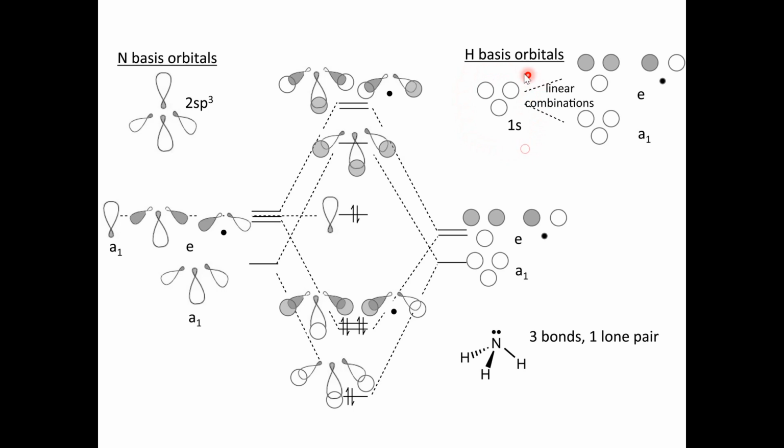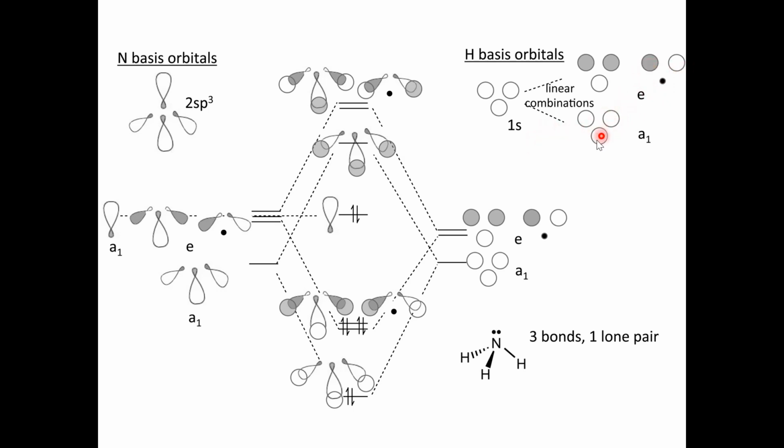I start from 3 1s states, and I make two types of linear combinations: the totally symmetric A1 symmetry, which is this linear combination, and the two partners of the E doubly degenerate irrep. So this is one partner, this is the other partner. This is 2s1 minus s2 minus s3, and this is simply s2 minus s3. Okay?